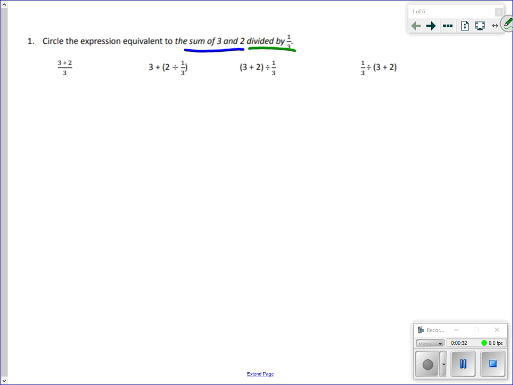So that tells me when I've got divided by in the back, then I've got something divided by 1/3. So it's something divided by 1/3.